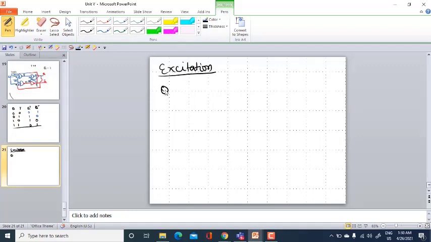And your excitation table. Q, Q plus: 0, 0, 0, 1, 1, 0, 1, 1.